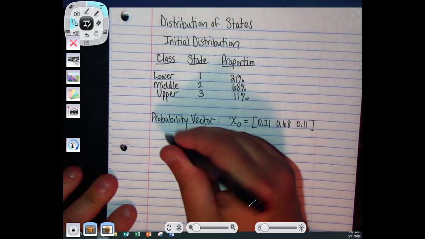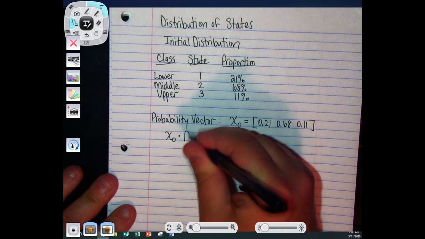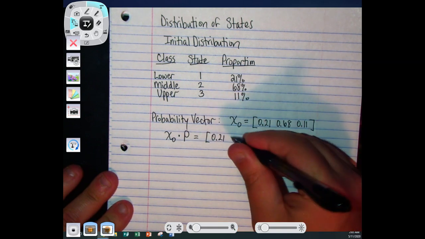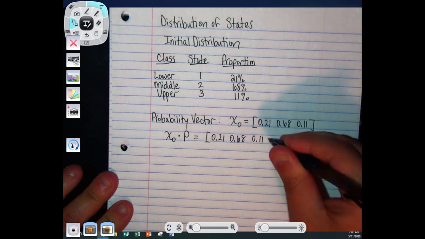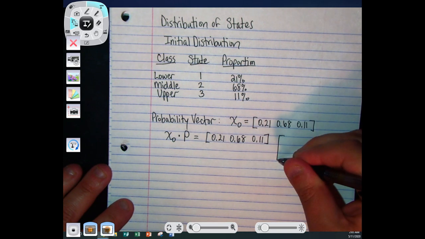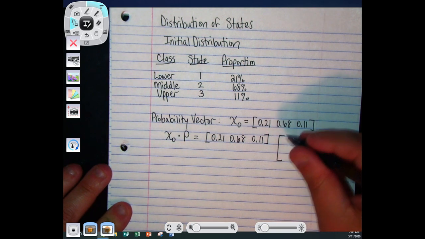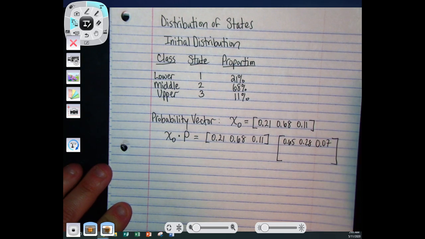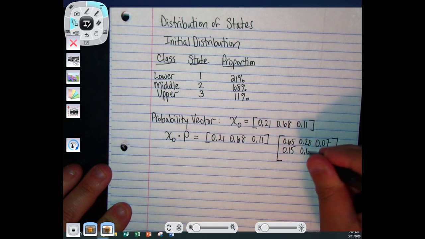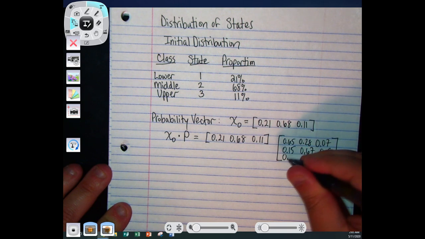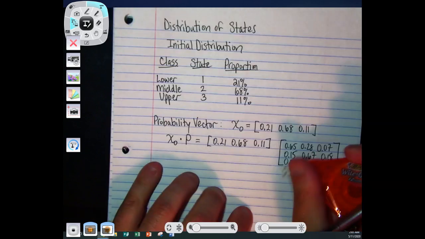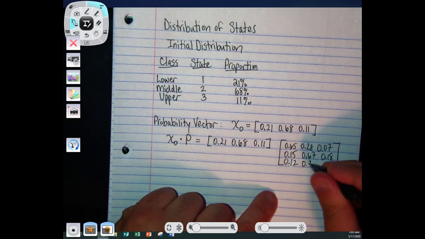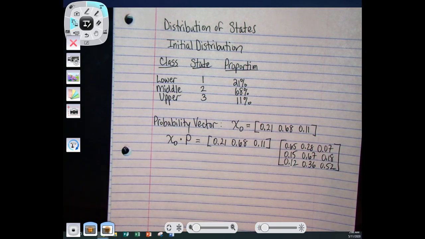To calculate that, we would do x of 0 times P. So we would take our probability vector, 0.21, 0.68, 0.11, times the matrix that we had from before, 0.65, 0.28, 0.07, then 0.15, 0.67, 0.18, and 0.12, 0.36, and 0.52. Okay, so we're going to multiply these together.